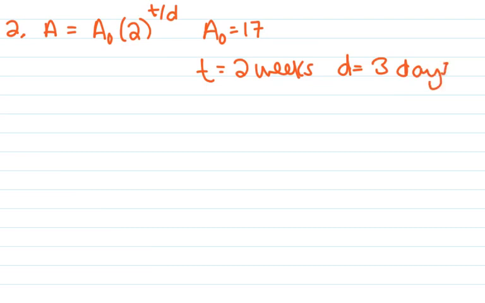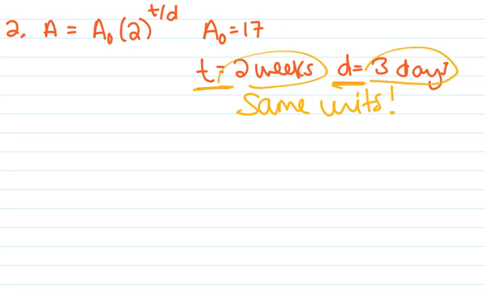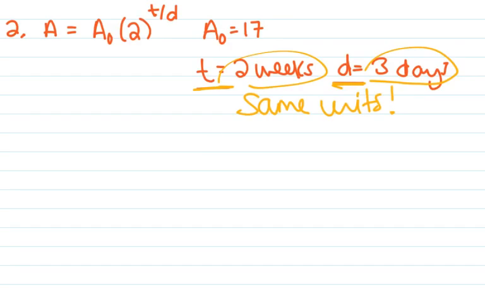Now, we need D and T to be in the same units. So that means we either need to make this into weeks or this into days. It makes more sense to put 2 weeks into days. So 2 weeks is the same as 14 days. And then D is still 3 days.